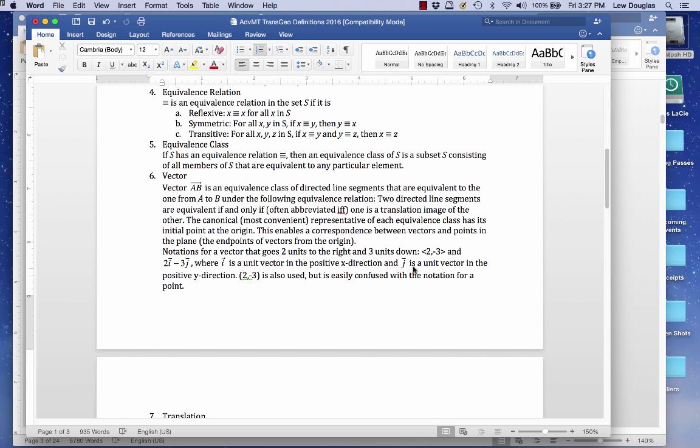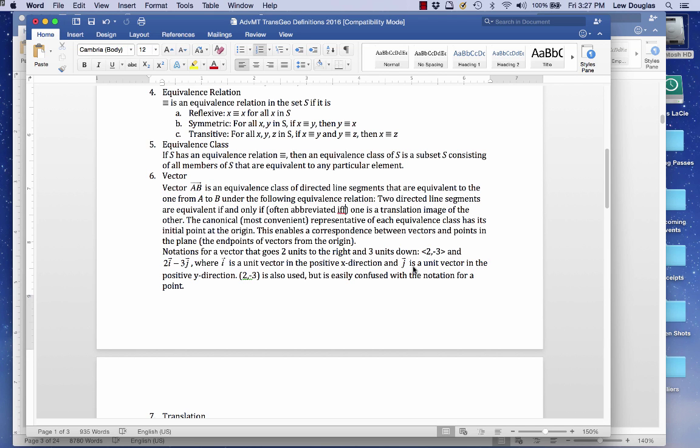You know, a vector is kind of this strange thing that can move around. How do you define it precisely? So a vector AB, and that's the symbol for it with an arrow over it from A to B, A is the initial point, B is the end point, is an equivalence class of directed line segments that are equivalent to the one from A to B under the following equivalence relation.